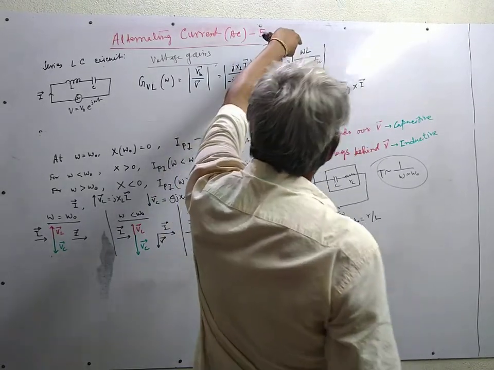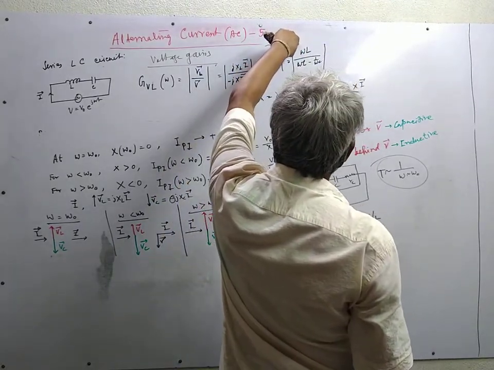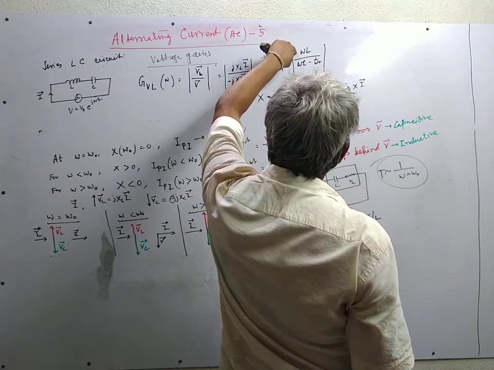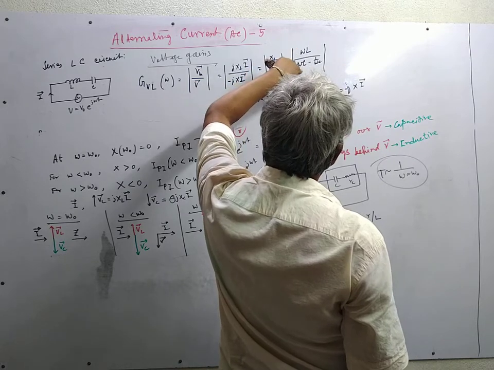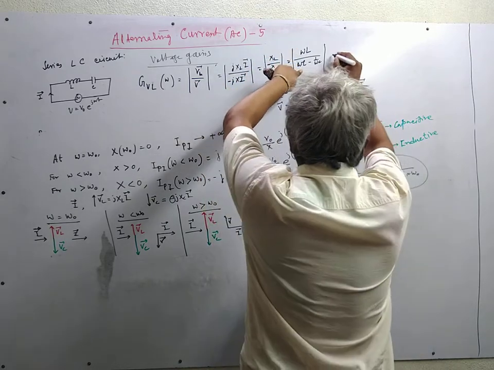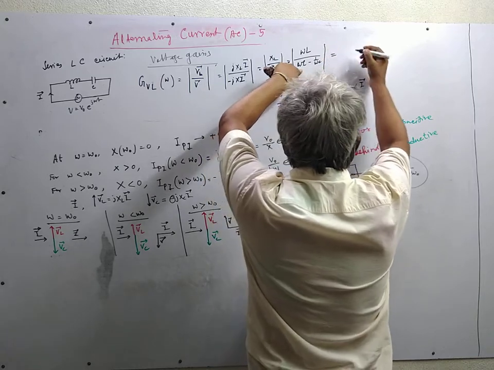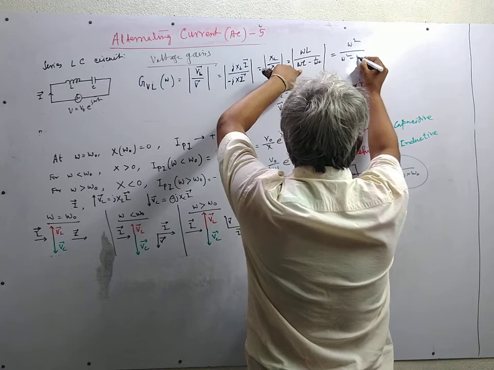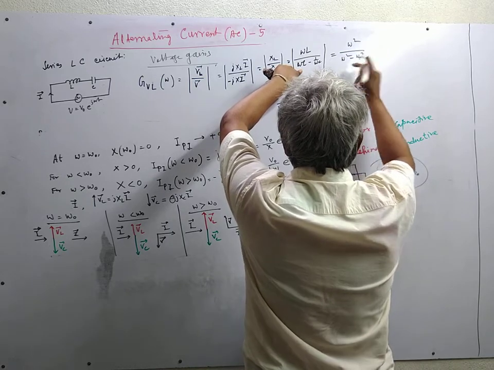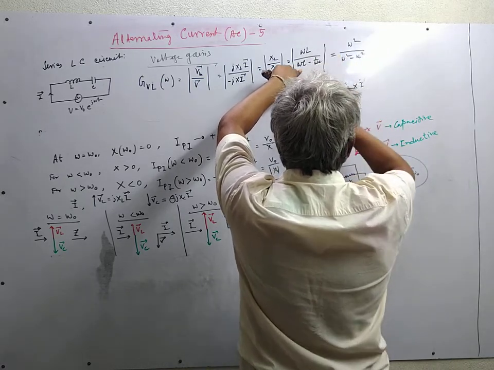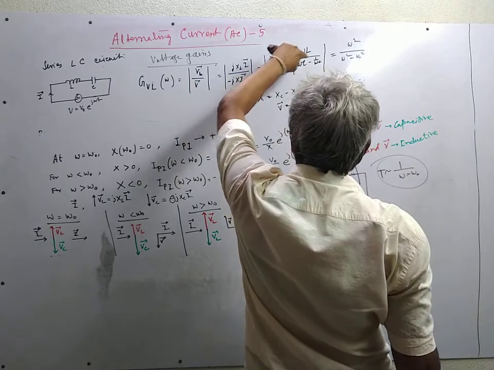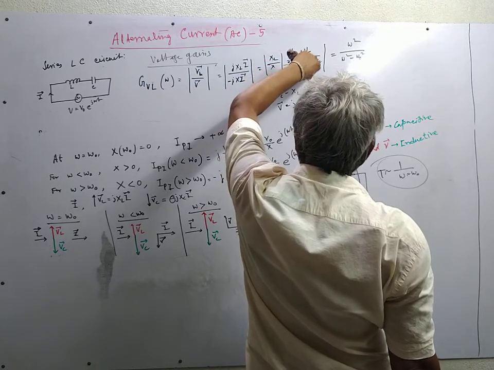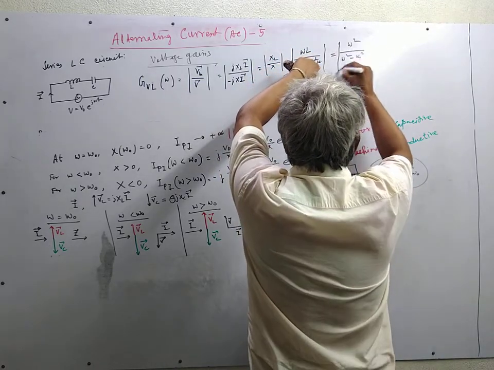If we multiply both the numerator and denominator by omega square and divide by L, we get omega square minus omega 0 square. Since we multiply both numerator and denominator by omega, it becomes omega square, this is free from omega. We divide by L, so L goes and it is 1 by LC, which is this.